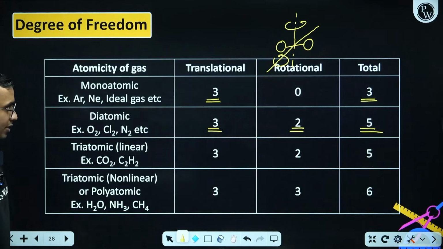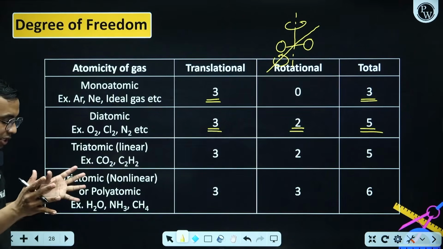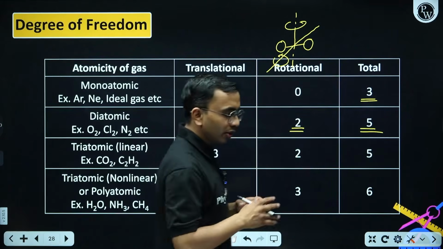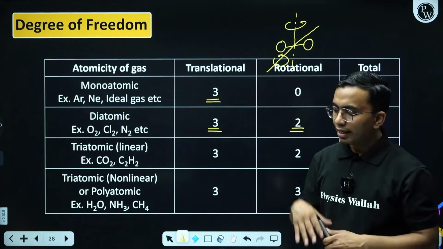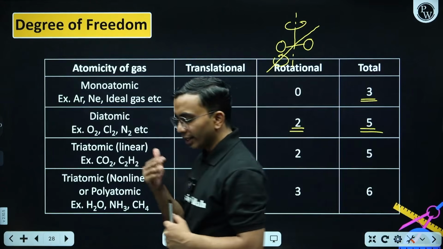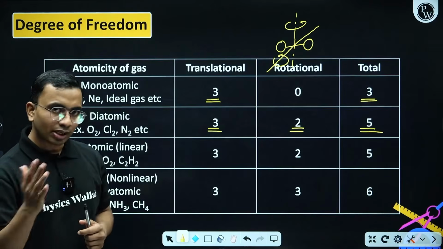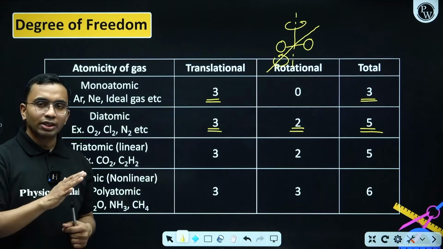Now you may say, sir, what about the vibration? Vibration we generally don't consider at normal conditions, unless they mention specifically that there are vibrational degrees also. Then only we consider.